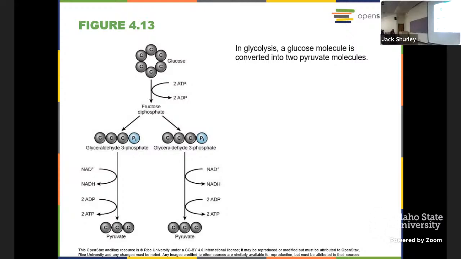So glycolysis, which is what we're showing right here, takes a 6-carbon molecule, uses 2 ATPs, and when it's all said and done, we get 2 NADHs carrying these hydrogens, and we get 4 ATPs, all right? And if you do the math, it took 2, you got 4 overall, we made 2 ATPs, all right?